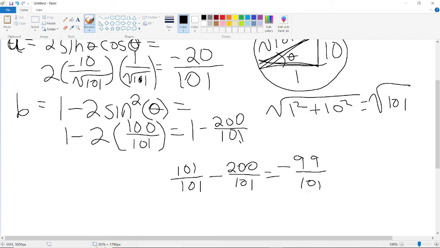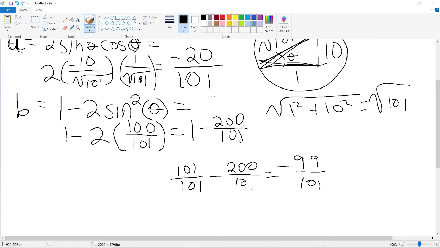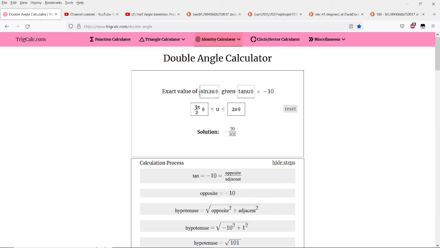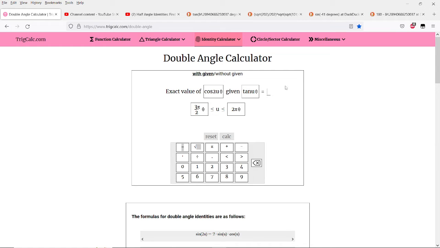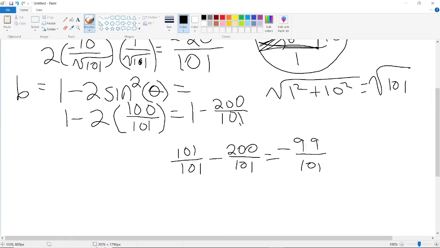And I will check that one on our double angle calculator. We want B, which is the cosine of 2 theta. Sometimes the signs on this calculator are wrong for the half angle, so you need to know whether it's positive or negative. Tangent is negative 10, I've got the right quadrant, and I calculate it and get negative 99 over 101. So that's good. All right, C.